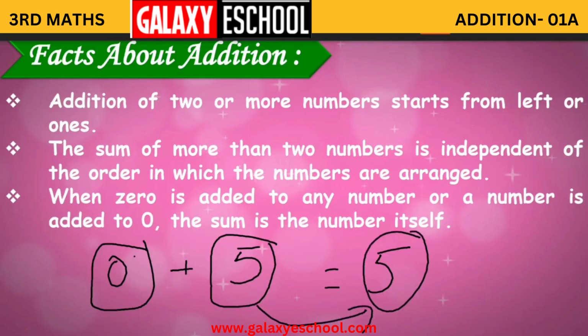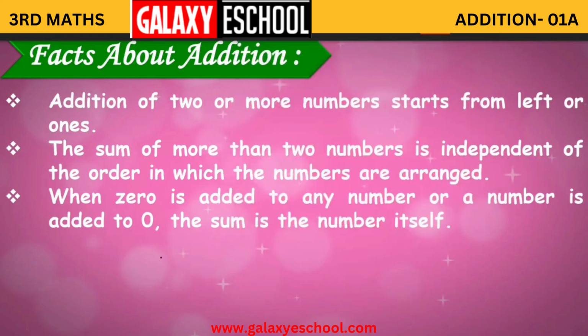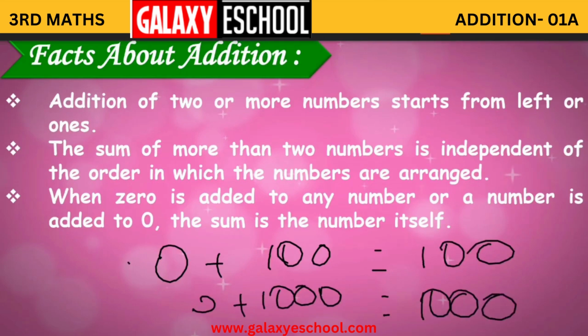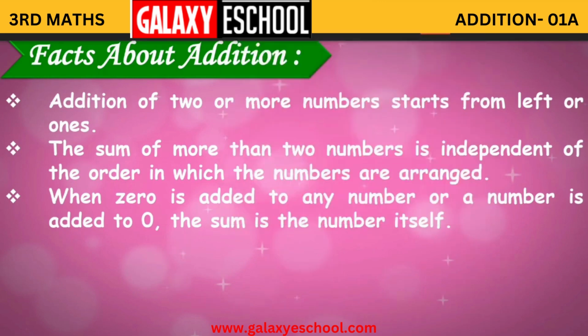Right? Whenever we add any number to 0 or 0 is added to a number, the answer will always be the number only. Even if I had 0 plus 100 here, the answer will be 100 only. Or 0 plus 1000 also, the answer will be 1000 only. So whenever we add 0 to any number, the answer will be the number itself.